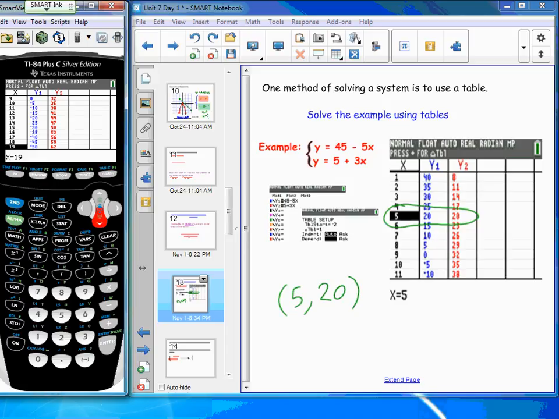Well, if I look at my equation, it looks kind of like the Bellwork question, right? Kind of like the first equation, but instead of being y equals 1/2 x minus 4, it's y equals 5 plus 3x. If I reordered that, and rewrote it as y equals 3x plus 5, then I recognize it as slope-intercept form of a linear equation. What type of graph does a linear equation make? Matt?